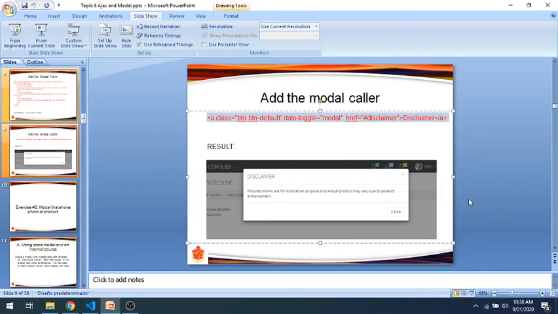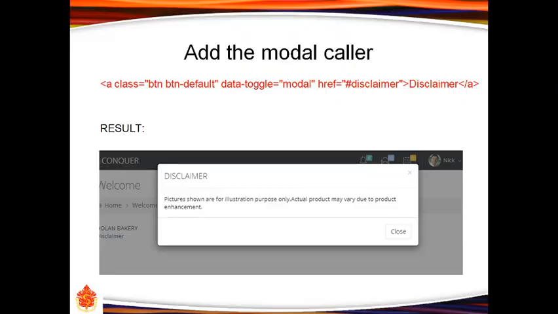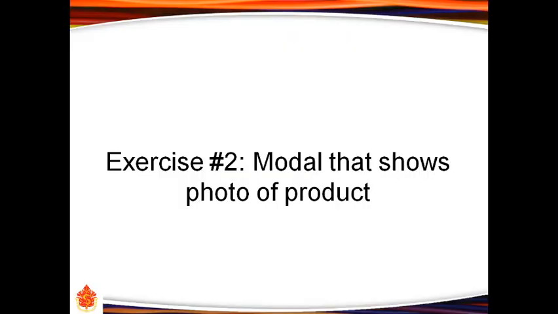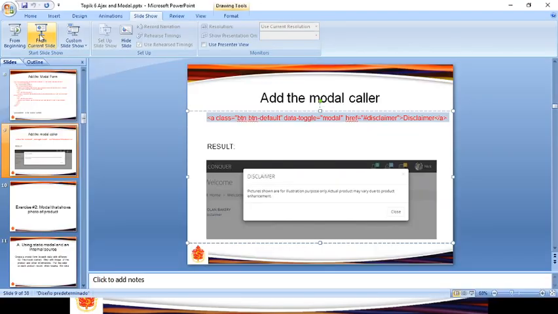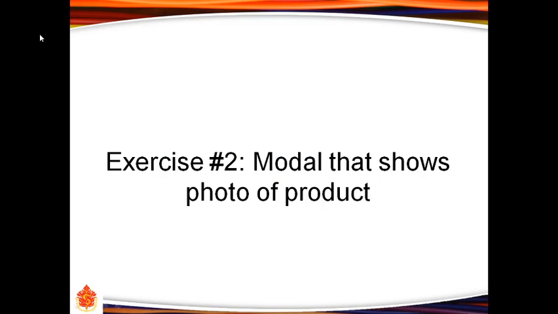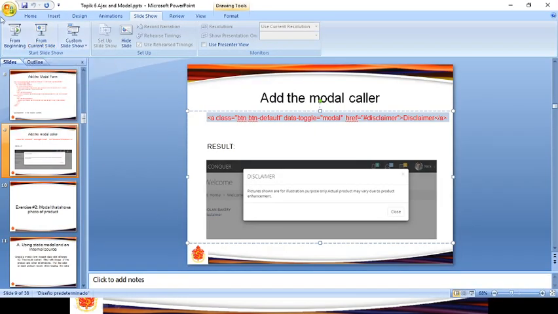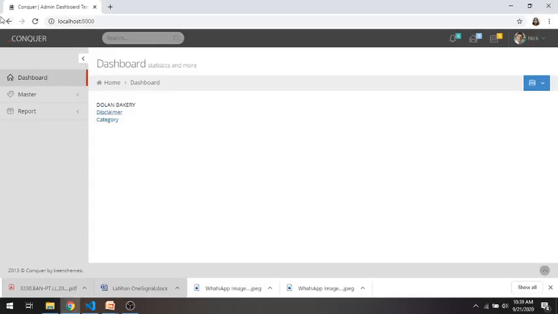Next. Exercise 2. We will show a photo of the product. Okay, this is a little harder because we will use it for showing many data in records.